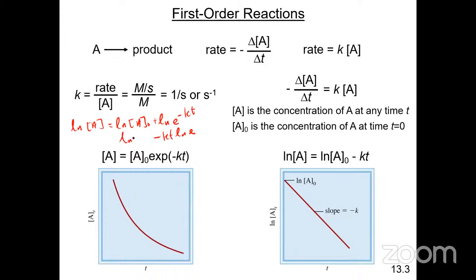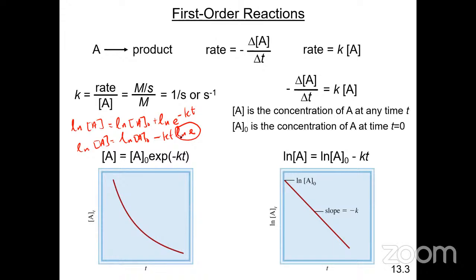And this would still be ln of the initial concentration of A, and this would be ln of the concentration of A. Now, as far as ln e is concerned, can anybody tell what that is equal to? Yes, sir. 1. 1, exactly. The natural log of e is always 1, just like log to the base 10.